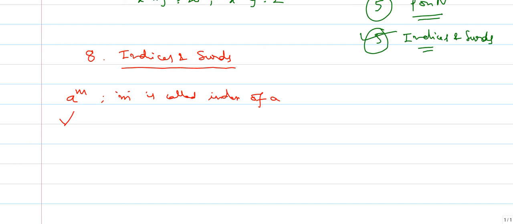Similarly, if there is the mth root of a, then this is called a surd of a. So this mth root of a is called a surd of index m.